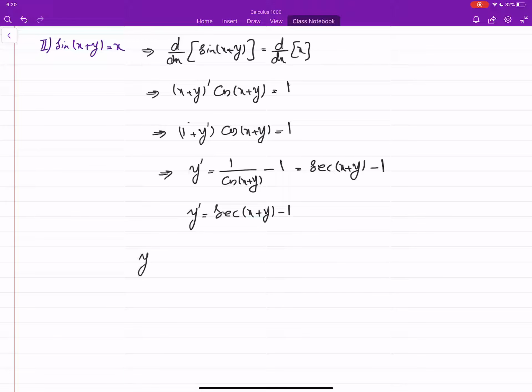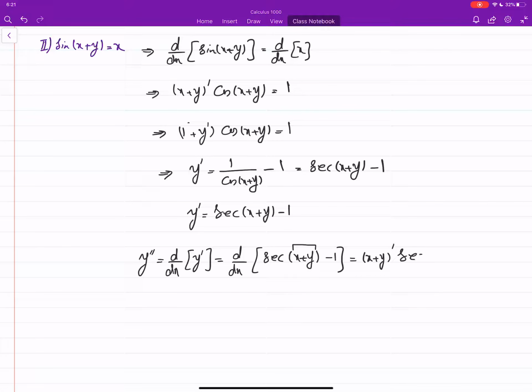Now we want to find y double prime, which is the derivative of y prime, and that means we are trying to find the derivative of secant x plus y minus 1. This is secant of something. So the derivative of that something times secant of that times tan of that.